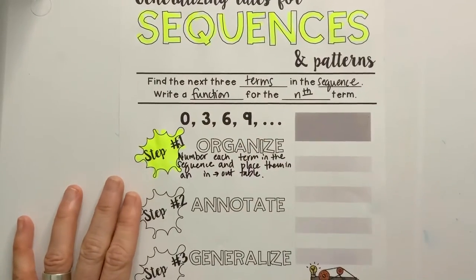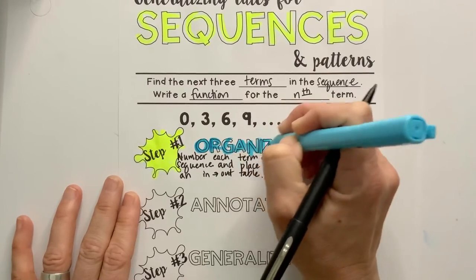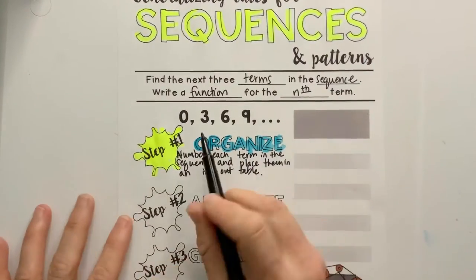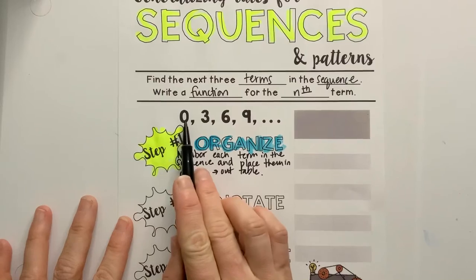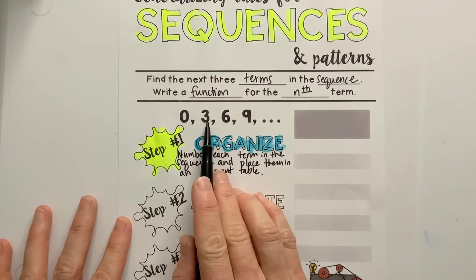Okay? All right, so here you have the 0. So that's the first term in the sequence. The 3, that's the second term in the sequence.